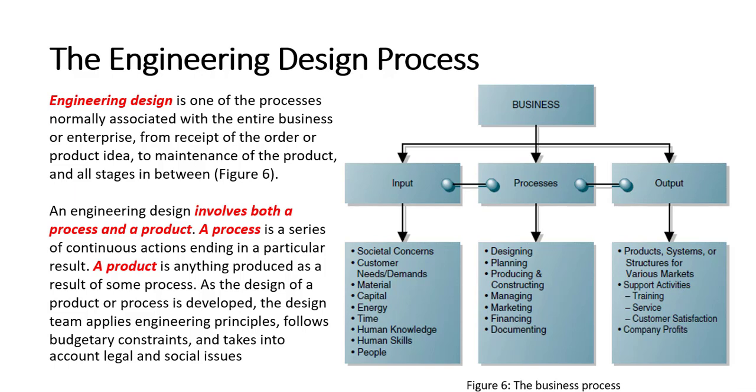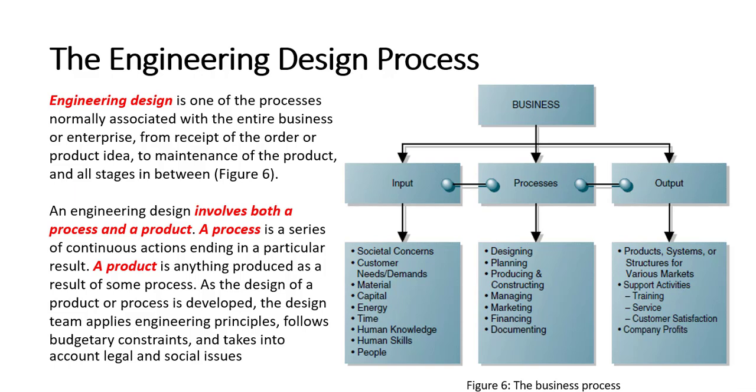Government regulations related to the environment may also have a bearing on the final outcome of the design. For example, the emissions requirements on automobile engines have a great effect on the final design.